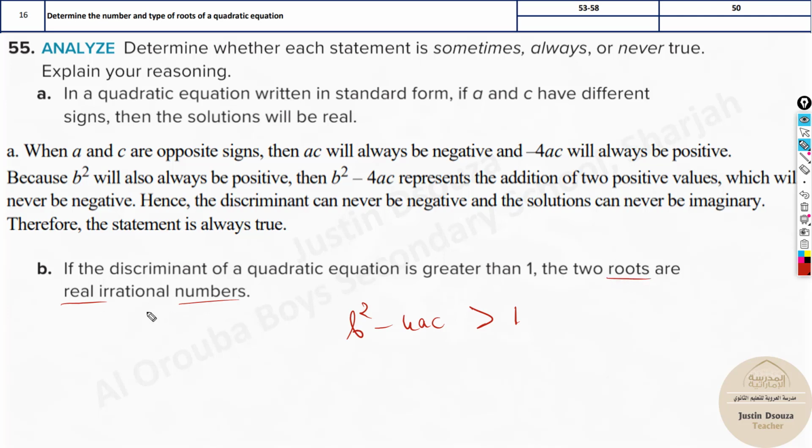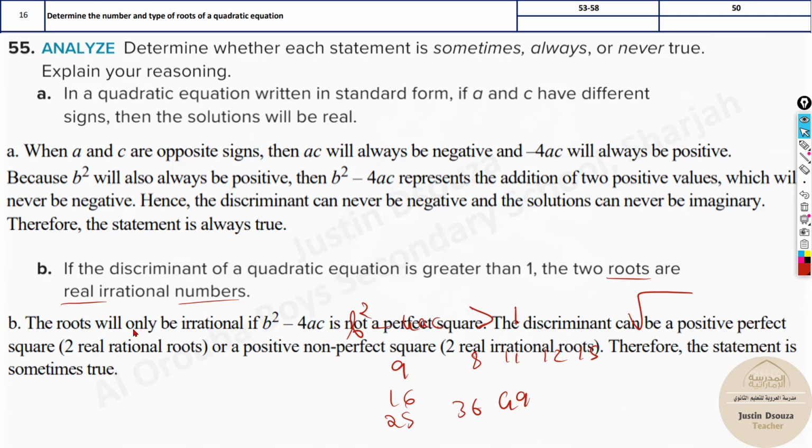But whether it will always be irrational, we can't say, because if the discriminant, whatever this value is, is a perfect square, like 9, 16, 25, 36, 49, then the roots will be rational numbers. Whereas only if it is not one of these numbers, if it is 8, 11, 12, 15 or like this, then they are irrational. So it's sometimes true, sometimes not true. Okay, sometimes is correct.